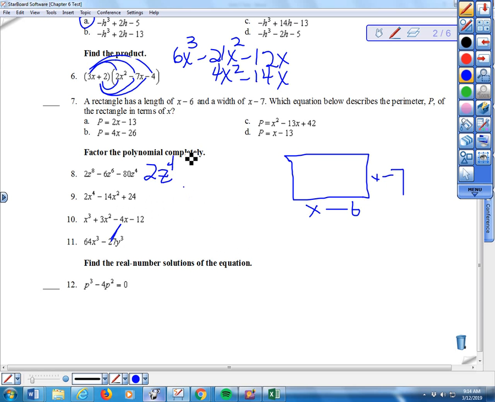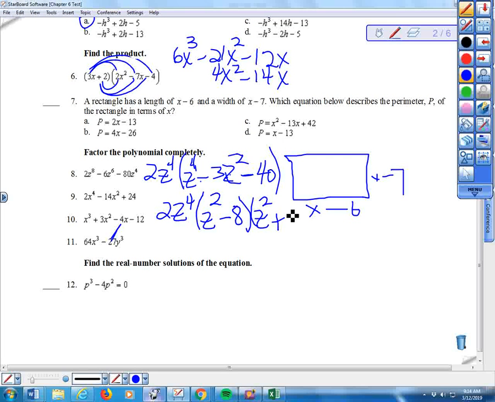And when I pull a 2z to the 4th out, I have z to the 4th minus 3z squared minus 40. Okay, several of you got this far, but you always have to continue factoring. So this is factorable. Factors of negative 40 that add up to negative 3: negative 8, positive 5. z squared minus 8, z squared plus 5. And that's it.